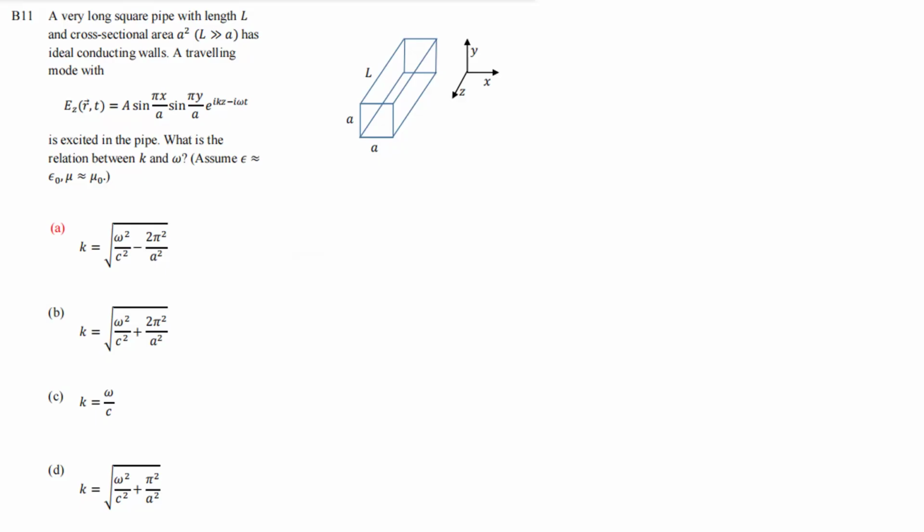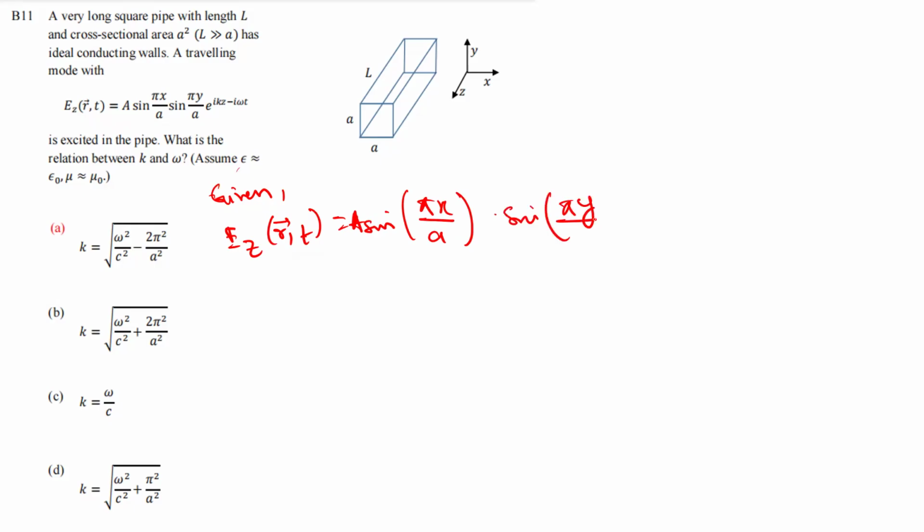So it is given that Ez as a function of r and t is equal to A sine pi x by A into sine pi y by A into e to the power i kz minus i omega t, right?